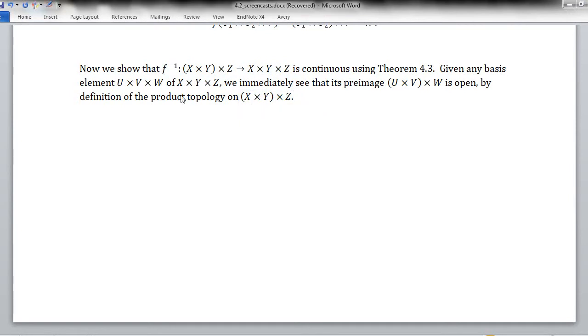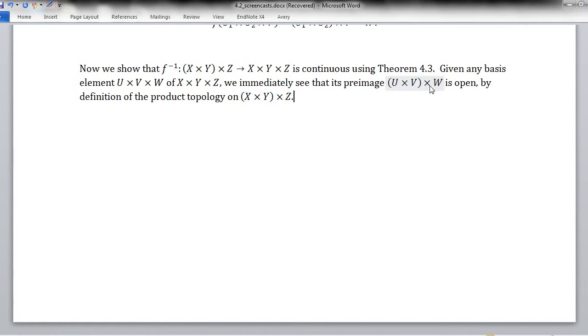All right, so we took a basis element of this product space, and this is its preimage, and okay, well the basis elements of this product are any open set of x times y, and u times v certainly qualifies. It's a basis element for the product topology on x times y.